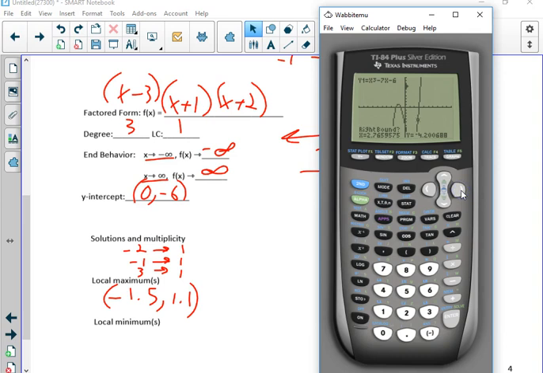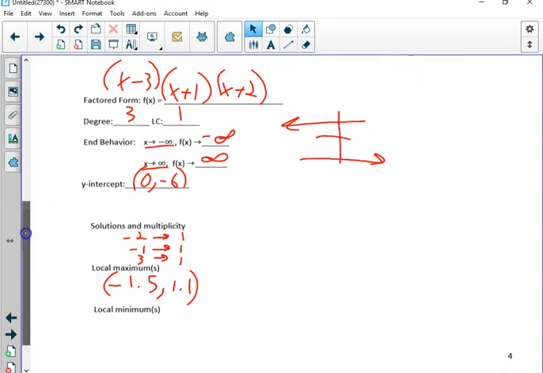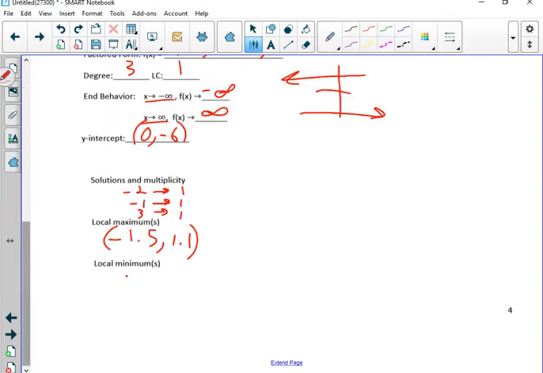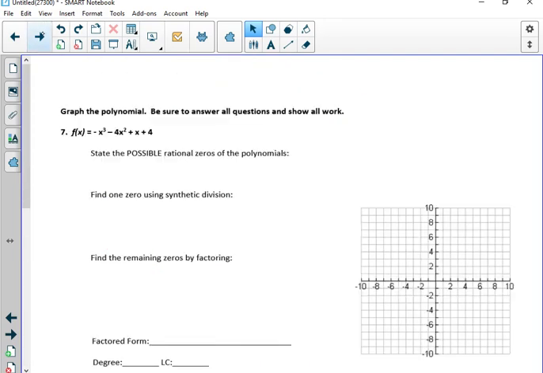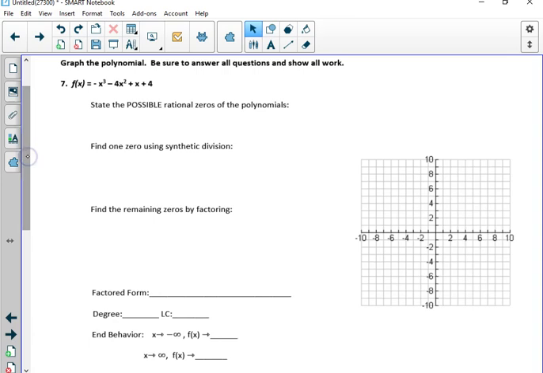Once I see it again, I hit enter twice, and there's my answer. 1.5, negative 13.1. Again, anything you need to do with the calculator, just check it and rewatch that part and practice it.